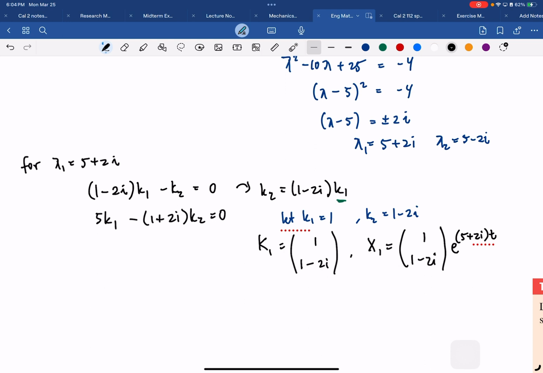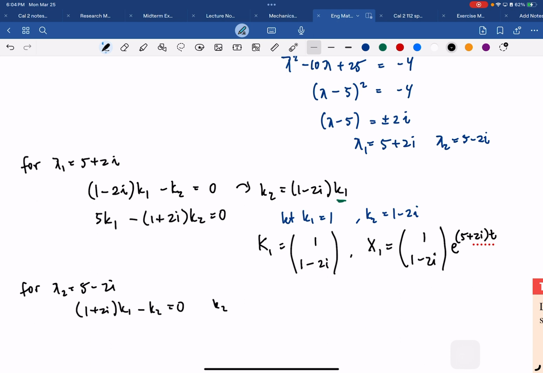And then the second part will be the second value, 5 minus 2i. You will see that this gives 1 plus 2i, k1 minus k2 equals 0.